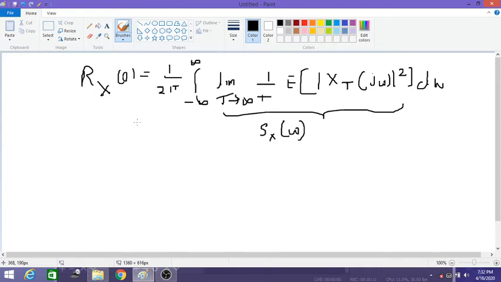Then this will become just 1 by 2 pi into the integral from minus infinity to plus infinity of Sx of omega into d omega, where Sx of omega is equal to this entire term, that is the limit T tends to infinity, 1 by T into the expectation of X_T of j omega whole square. Okay, so this is the thing.